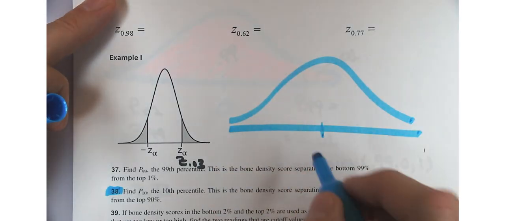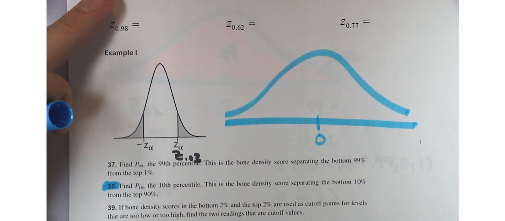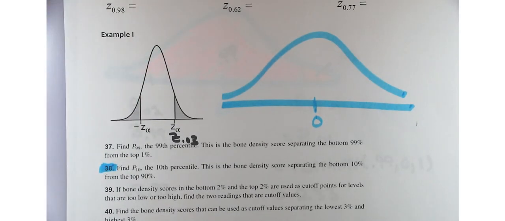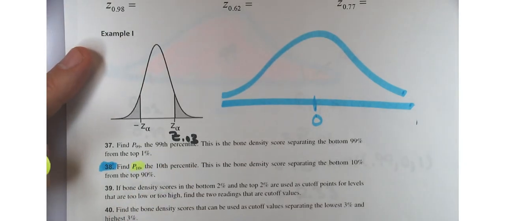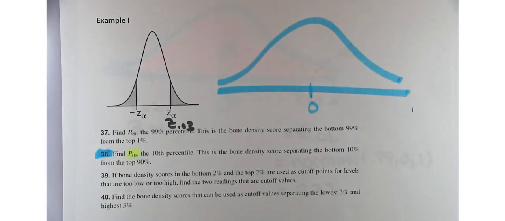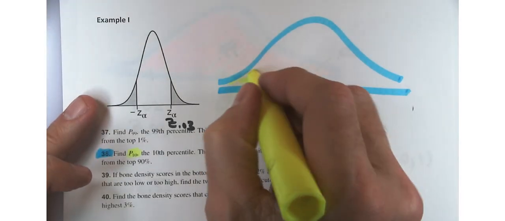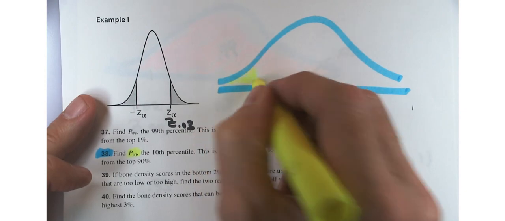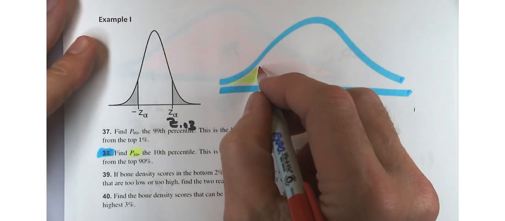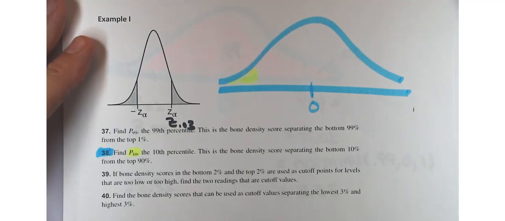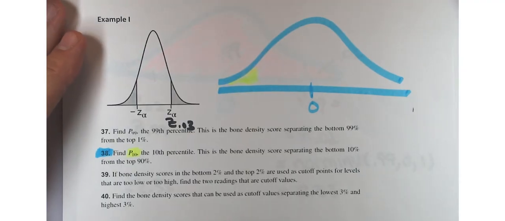We're going to draw the 10th percentile, P sub 10. The bottom 10% are going to be in the left tail.